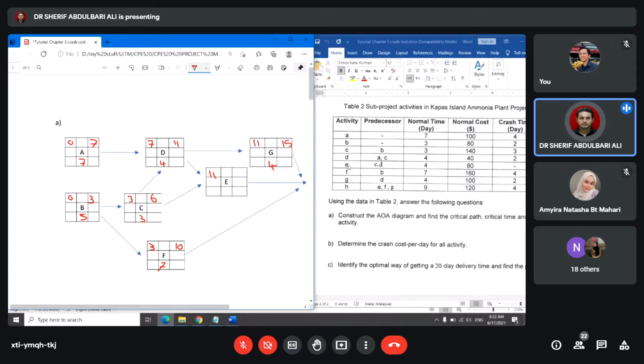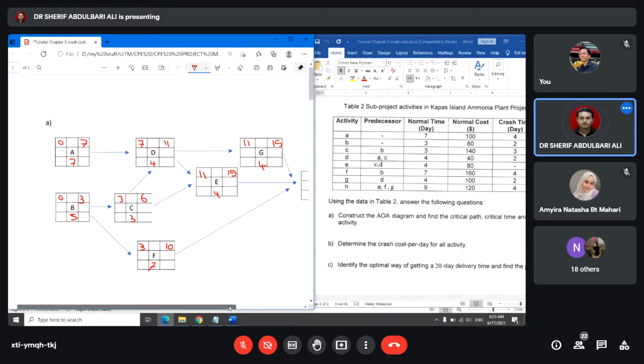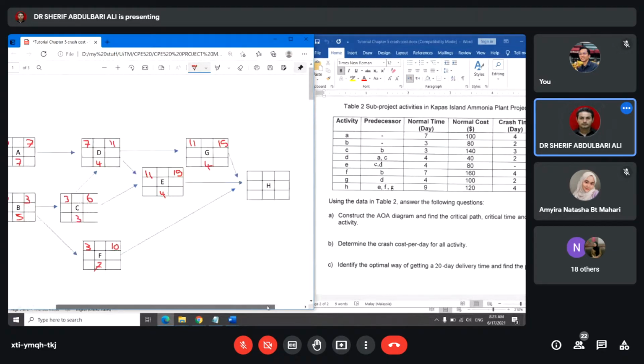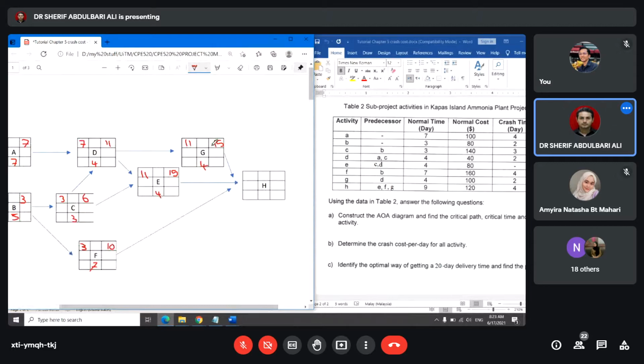And activity E is 4 days. It's 15. So the last one is activity H. So we are taking the highest, we are not taking 10. 15 with 9 days. So here is going to be 24.